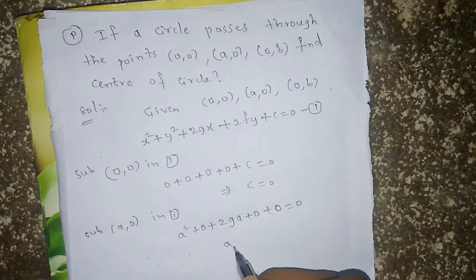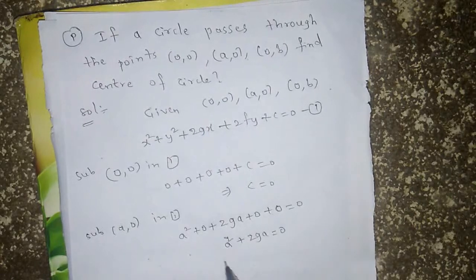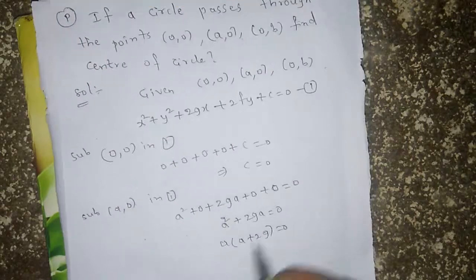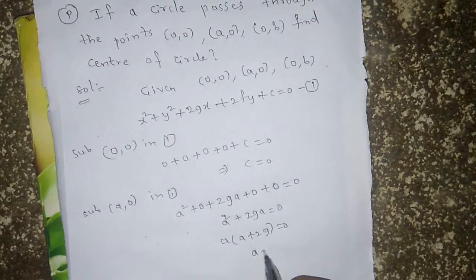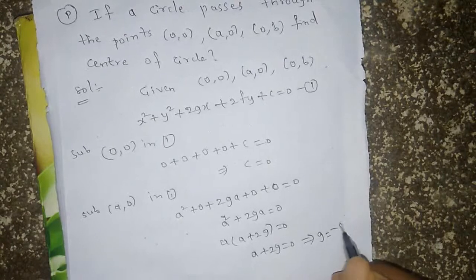Therefore a square plus 2ga is equal to 0. If we take a common, a plus 2g is equal to 0. So cancel a, plus 2g is equal to 0, implies g is equal to minus a by 2.